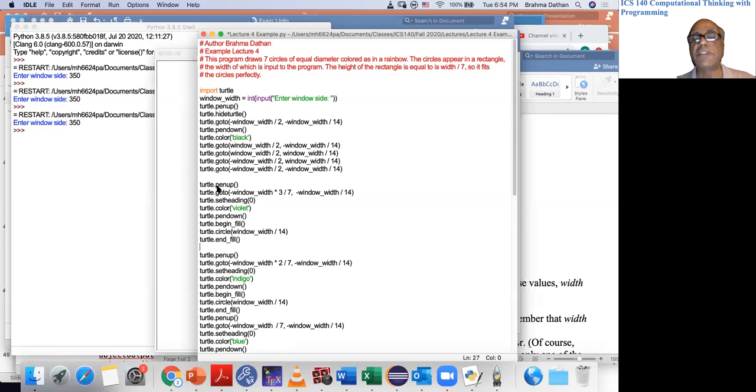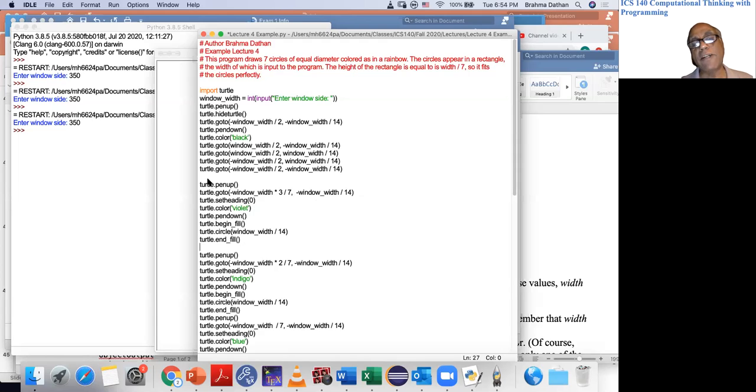I lift the pen up so that I don't see my travels on the screen permanently. Go to the location that I have in the pseudocode, set its direction to right, horizontal, put the color violet, put the pen down, start filling, create a circle, and end the filling, so the circle will be filled.